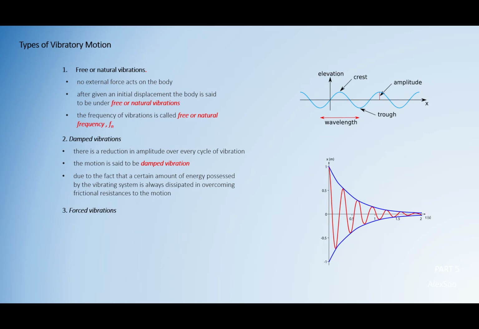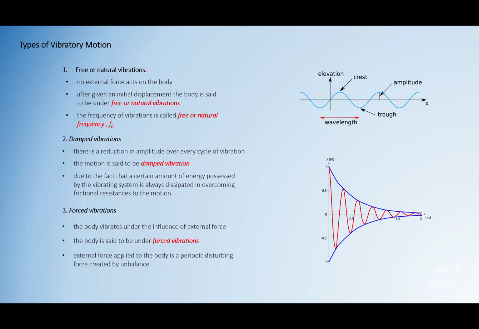Now forced vibration. We are not going to do forced vibration. When the body vibrates under the influence of an external force, the body is said to be under forced vibrations. The external force applied to the body is a periodic disturbing force created by an unbalanced force.